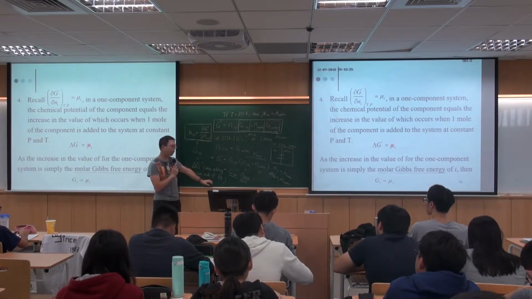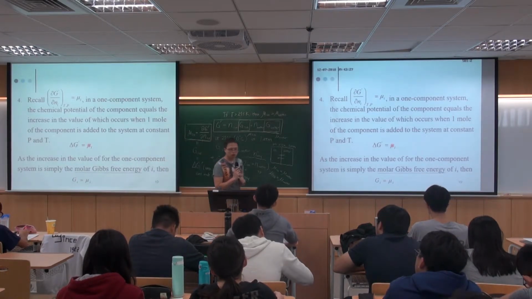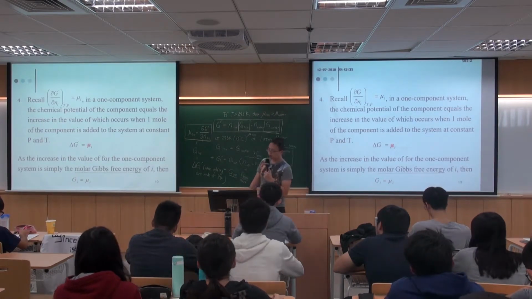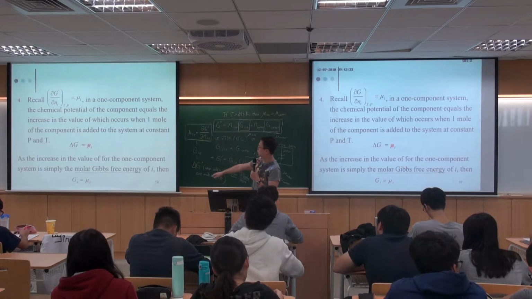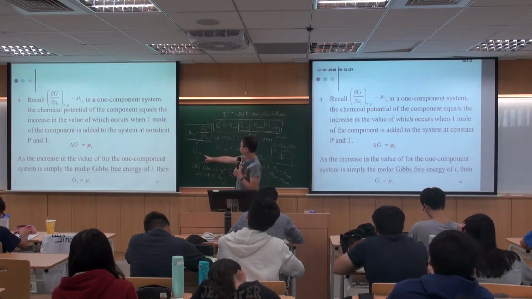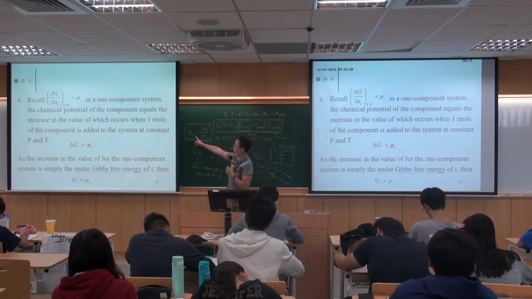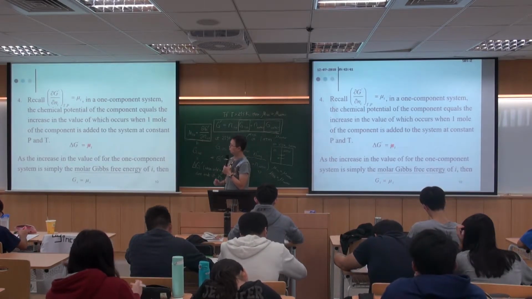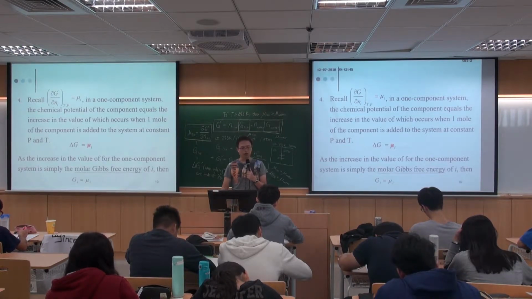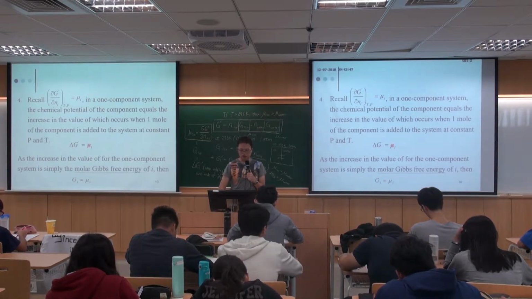Can be expressed as something like this. So the increase of value of G prime, for one component system, is simply the molar Gibbs free energy of I. So Gi is the same as mu I. Okay, we're just rephrasing the things that we already learned in chapter 5.